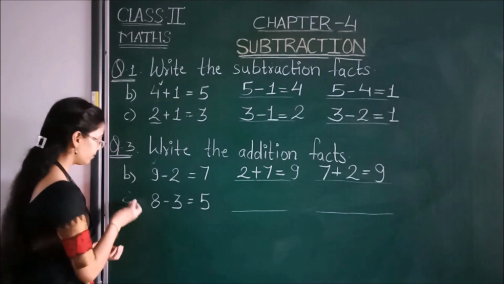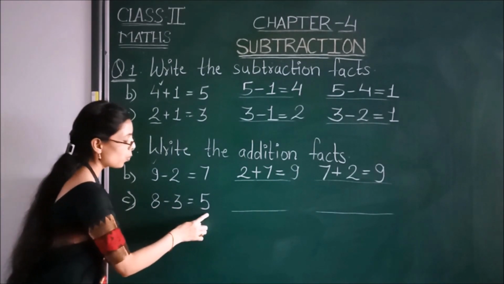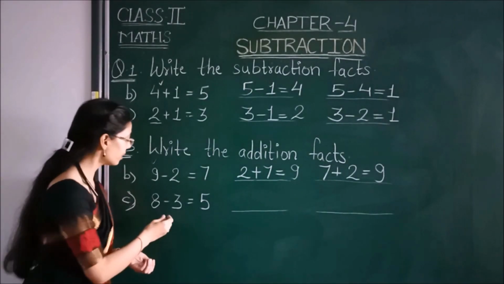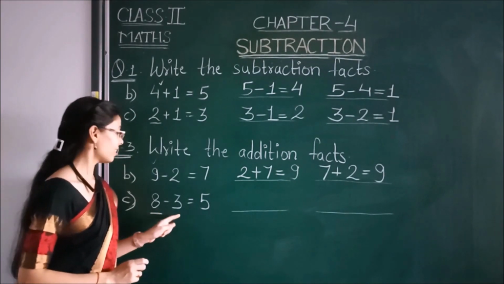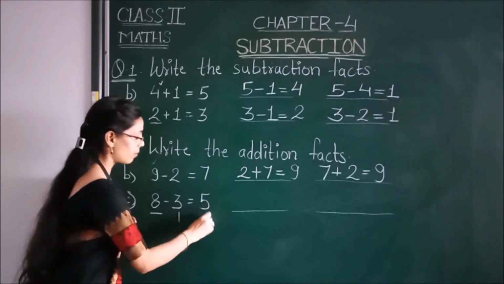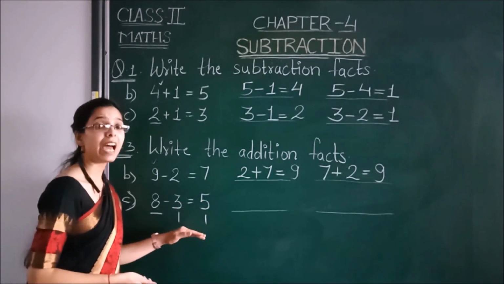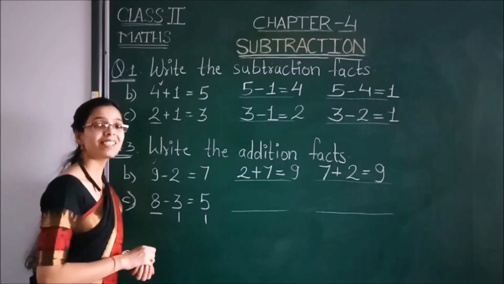Now, see, 8 minus 3 is equal to 5. Now, can you identify which number is bigger here? 8. So, we will not take this 8. These two are the smaller numbers. When we add two smaller numbers, we will get the bigger number as a sum.